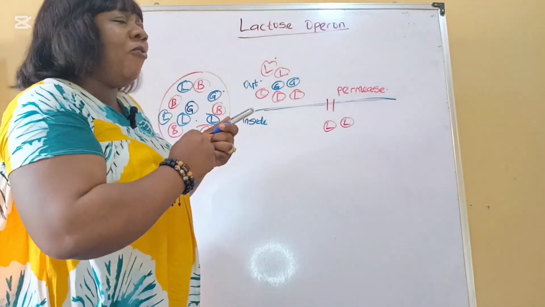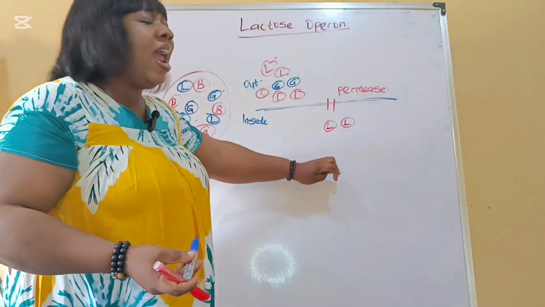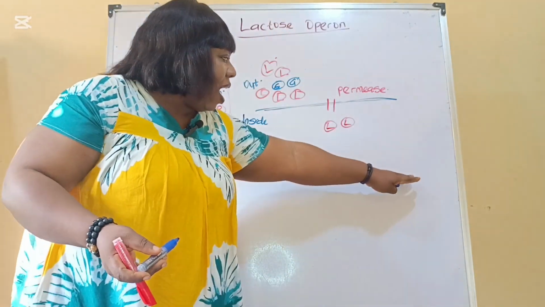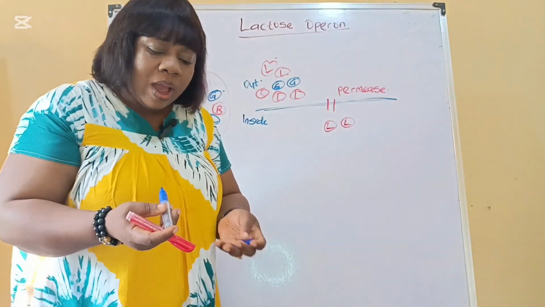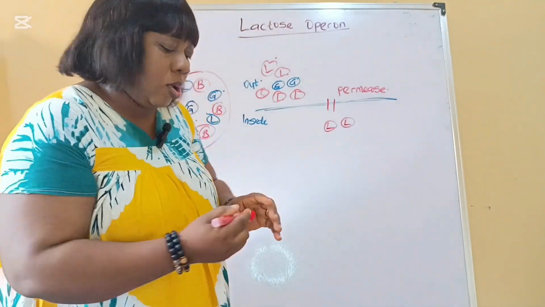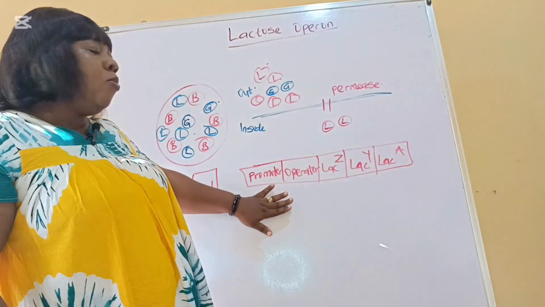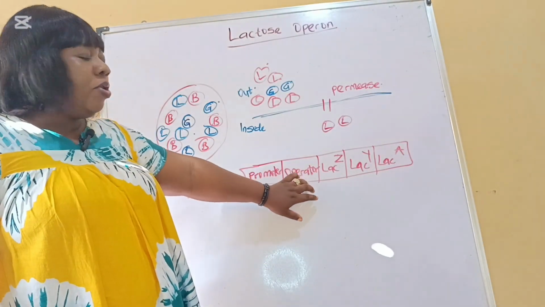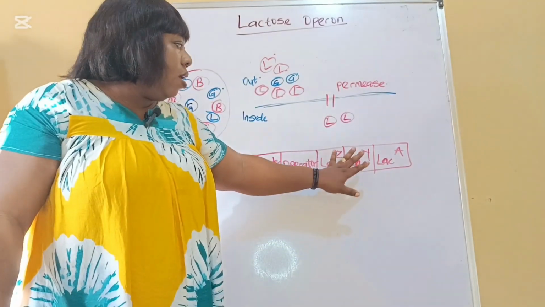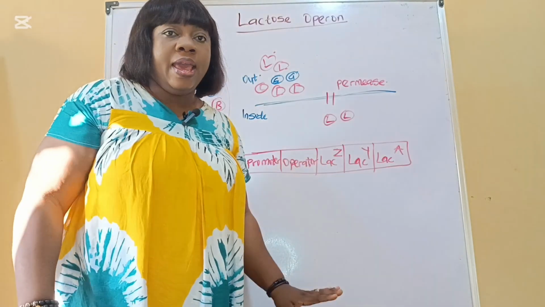Upon the entry of lactose into the cell, we already have what we call the lactose operon. How does this operon look? In the operon, you have the promoter, the operator, and the three genes: lacZ, lacY, and lacA.